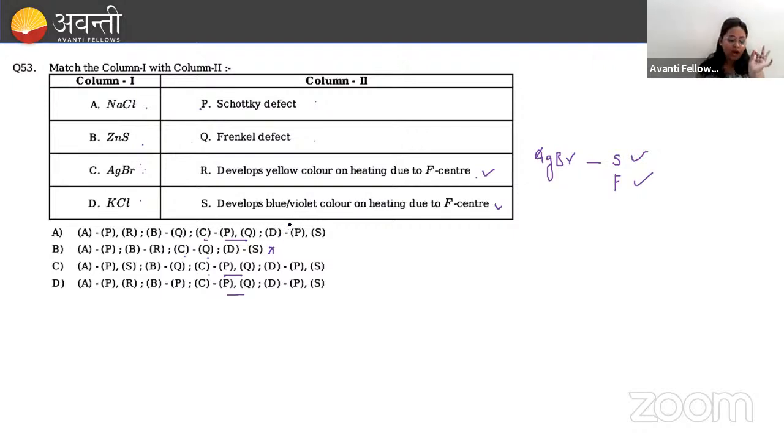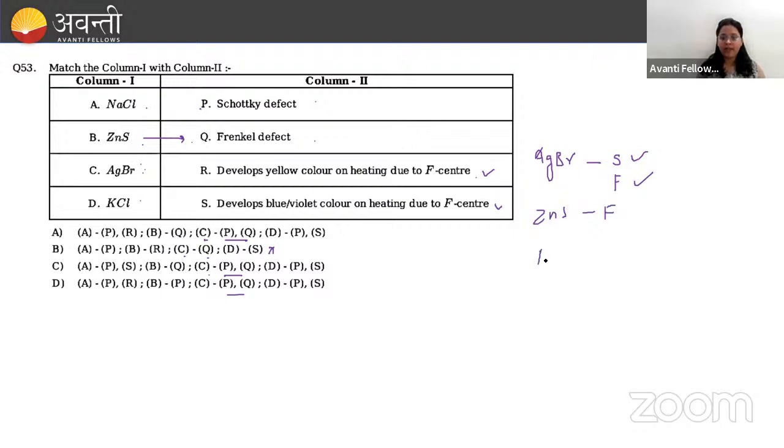Now when we talk about the F center, ZnS, B. ZnS shows the Frenkel defect.